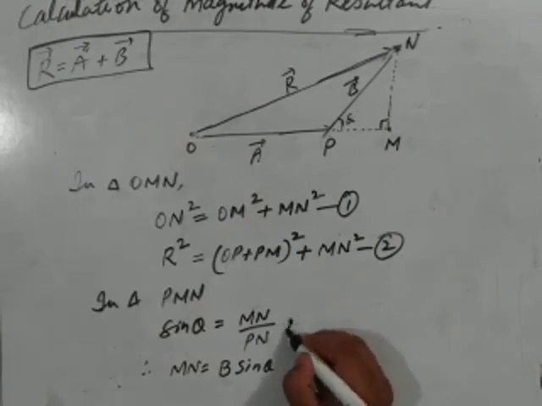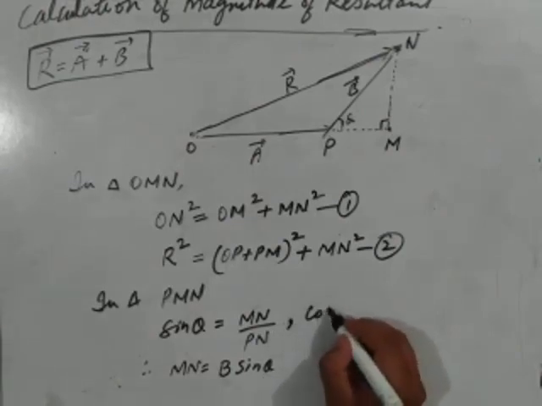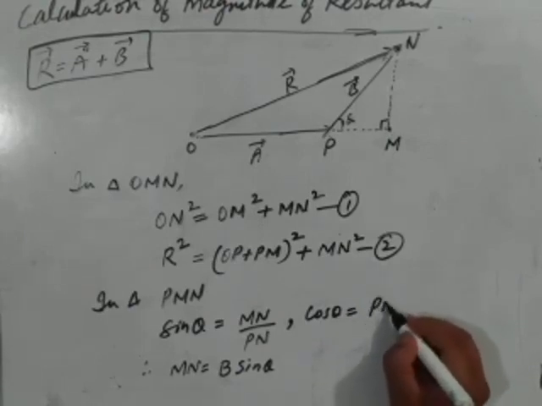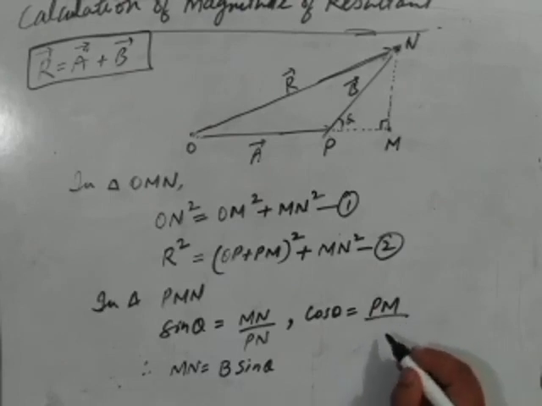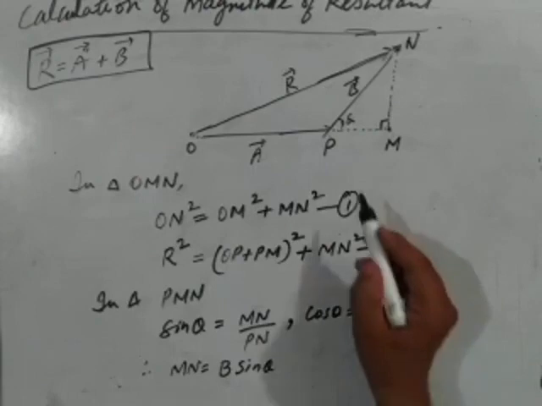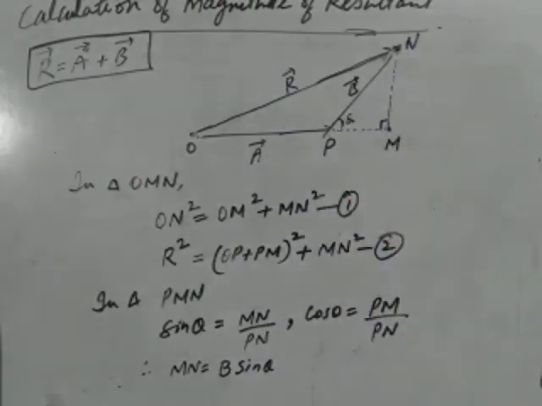Similarly, we can find out cos theta. Cos theta is equivalent to base PM upon hypotenuse PN, PM upon PN. And we have to find out the value of PM. So therefore PM is equivalent to PN cos theta, PN is equal to B, so PM is B cos theta.